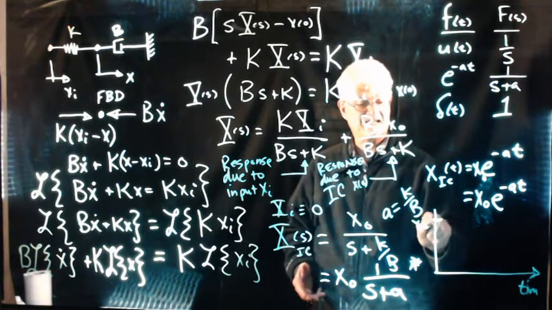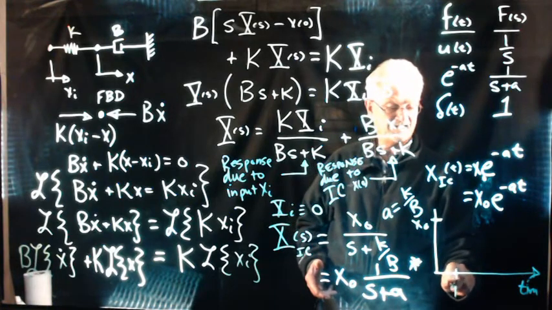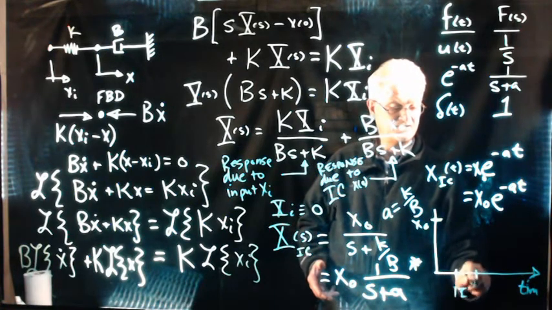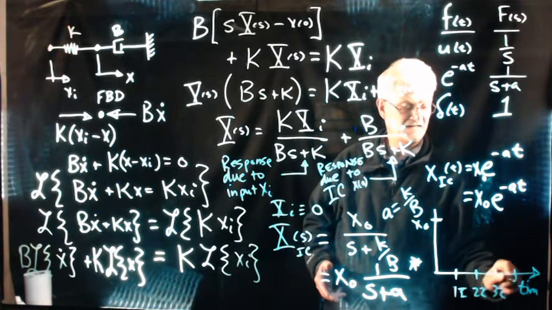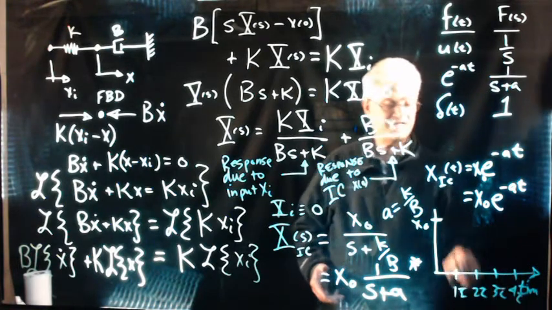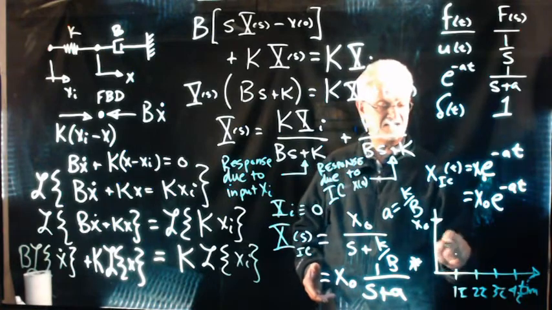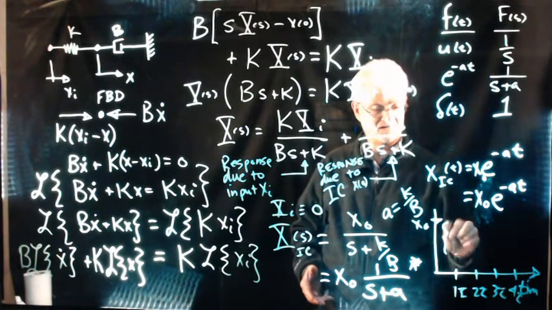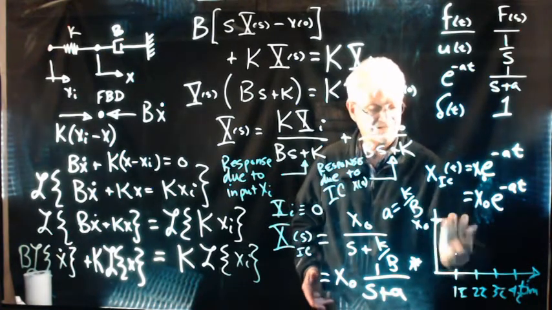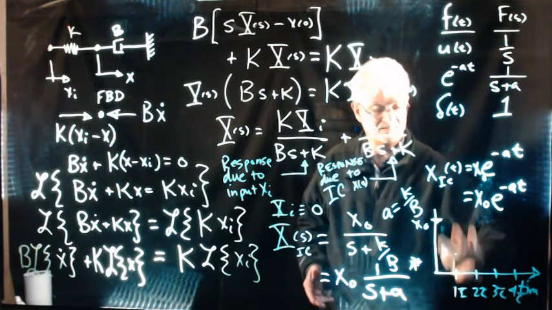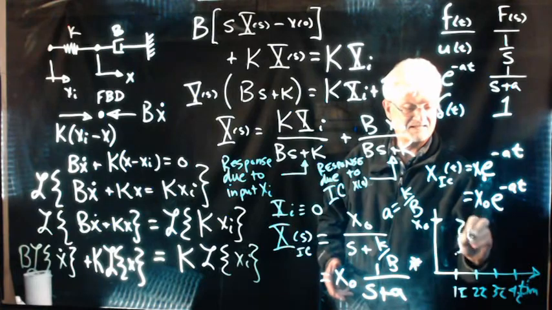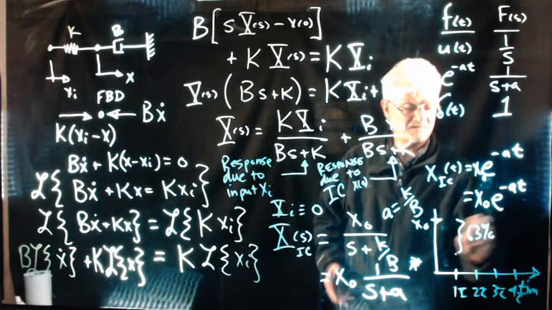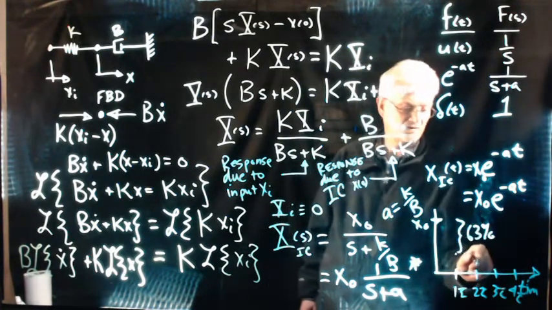If this is time, we know that this starts at x0. We know that at 1 times the time constant, 2 times the time constant, 3 times the time constant, and 4 times the time constant, we've already done this. At 1 times the time constant, it goes about 63% of the way.